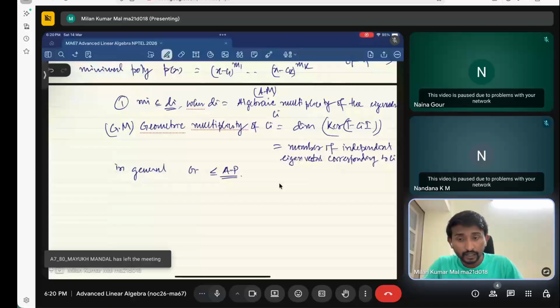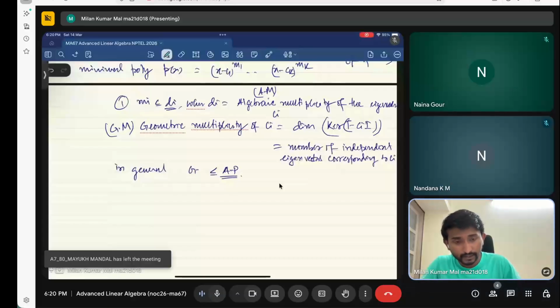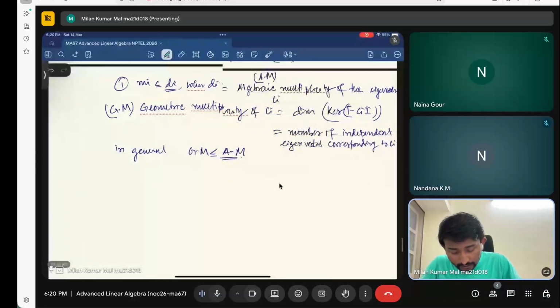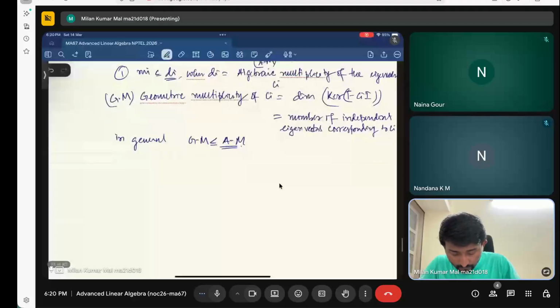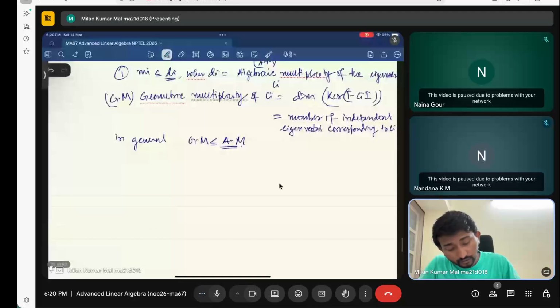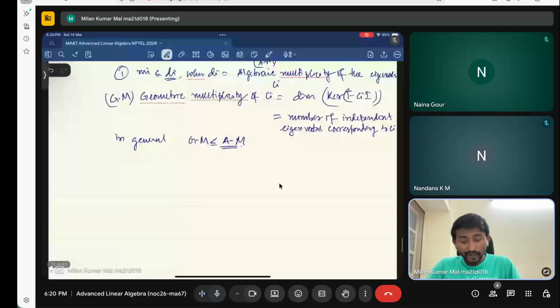Now another fact I wanted to mention here, which characterizes, in this case, T is diagonalizable if and only if AM is equal to GM. So why have I written "in this case"?